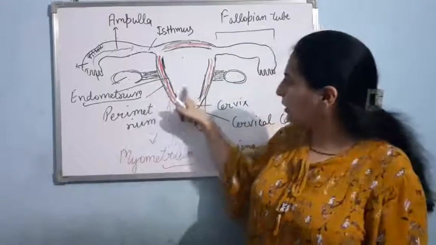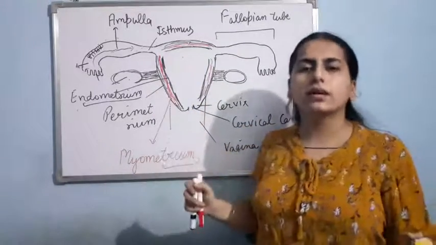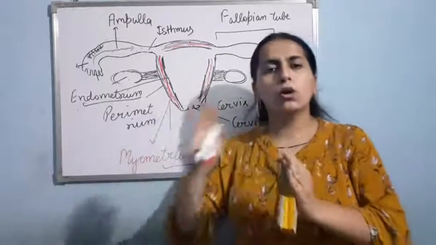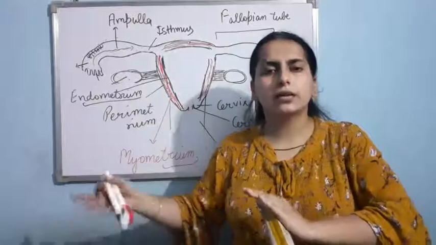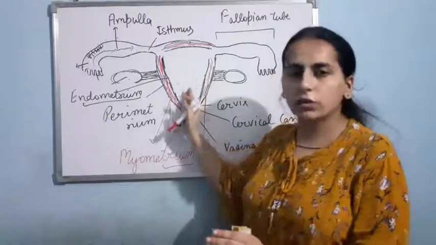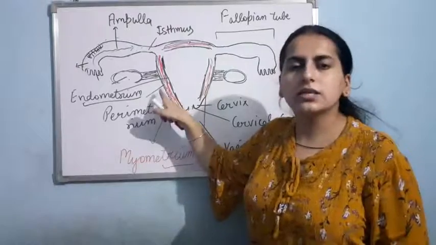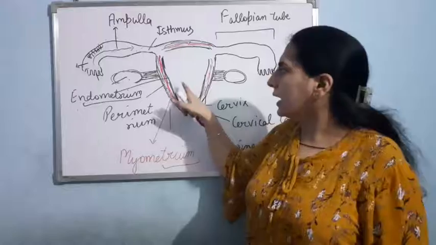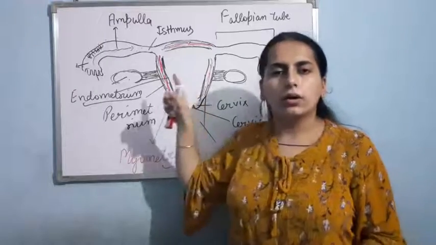Then the blood will come out through the cervix and vagina in the form of menses that you know. Clear? About this, the whole process we shall discuss in later classes. So these are the three linings of the uterus. Outer one is perimetrium, middle one is myometrium, and the inner one is endometrium.